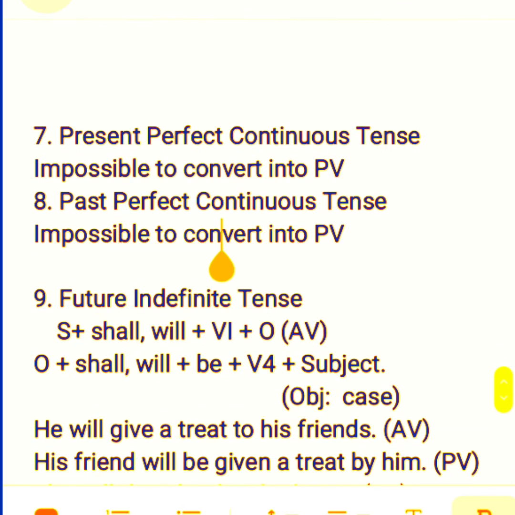But future indefinite and future perfect tense can be converted into the passive voice. So I have to teach you these remaining tenses in the next video, and there are some other things to be discussed about passive voice, so I have to teach you later in the next video.